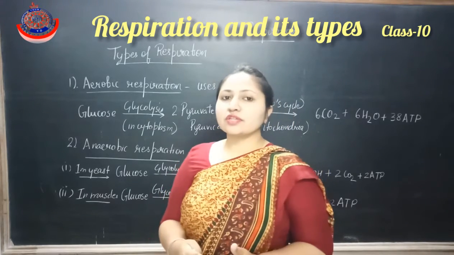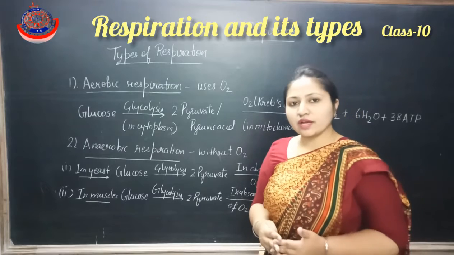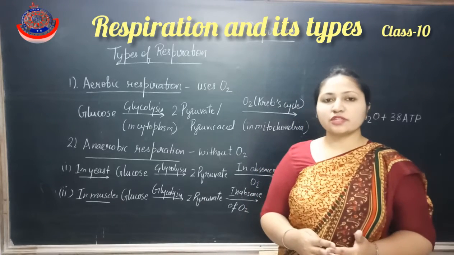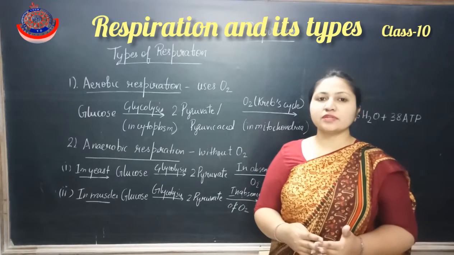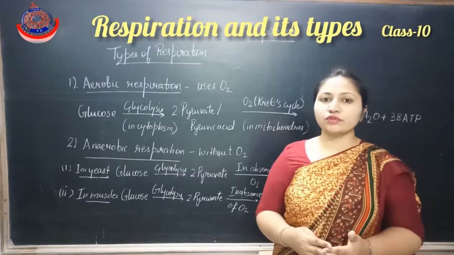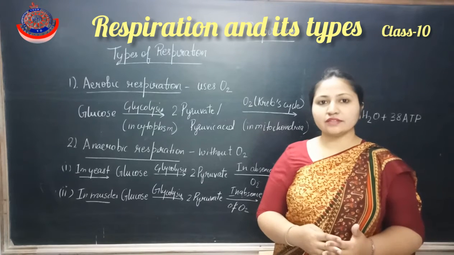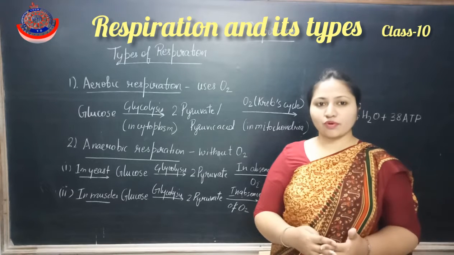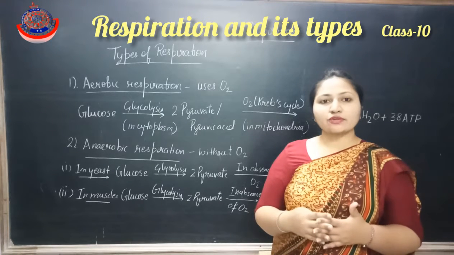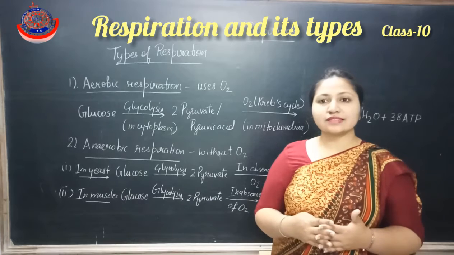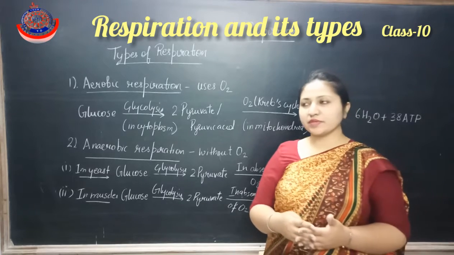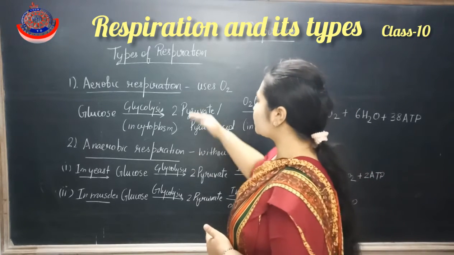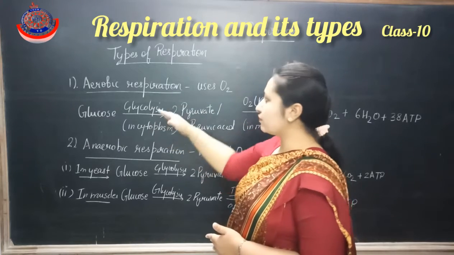Aerobic respiration occurs in the mitochondria of the cells. As we discussed, respiration means the oxidation of food which produces energy, and the oxidation of food occurs in the mitochondria. So the mitochondria are considered the sites of aerobic respiration. Now let's discuss both kinds of respiration one by one.